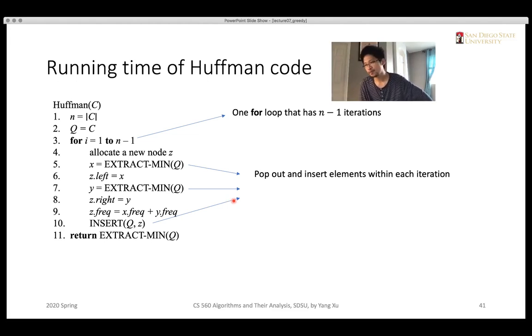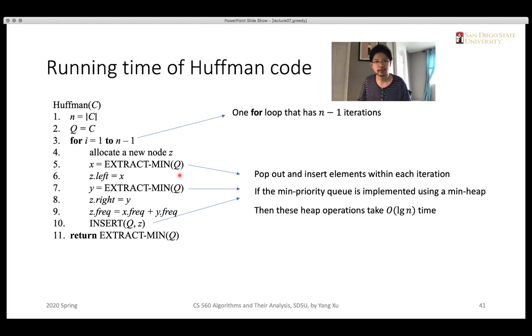If we want to know their efficiency, if we implement a minimal priority queue with some data structure like minimal heap, then operations like extract min or insert all take logarithm of n time.